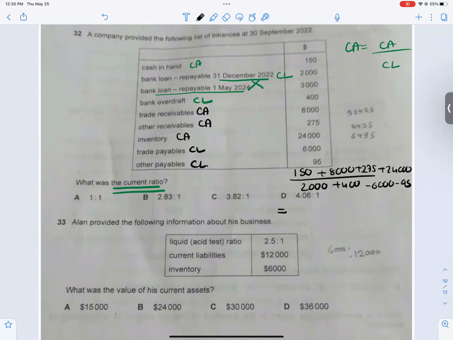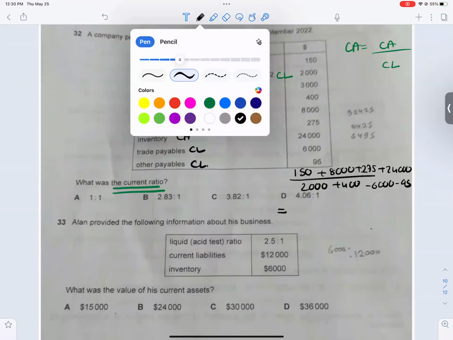So what is the total of current assets? Plus 8,000 plus 275 plus 24,000. Total of current asset is 32,425.